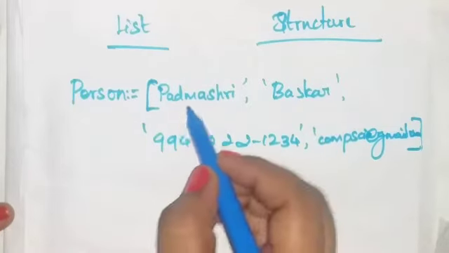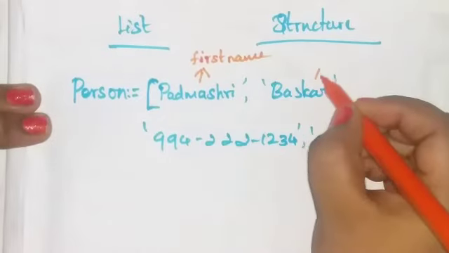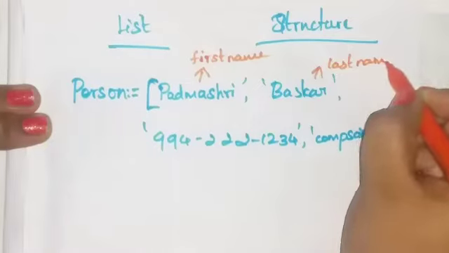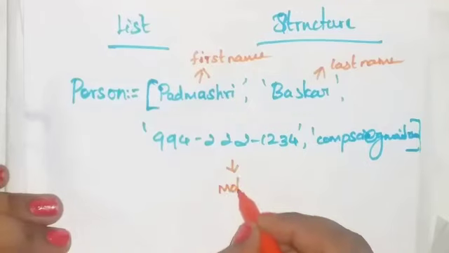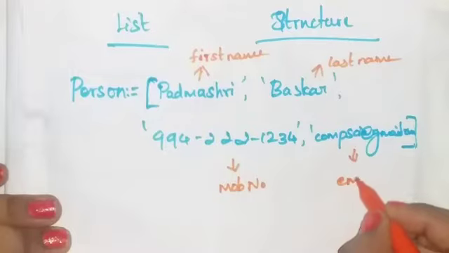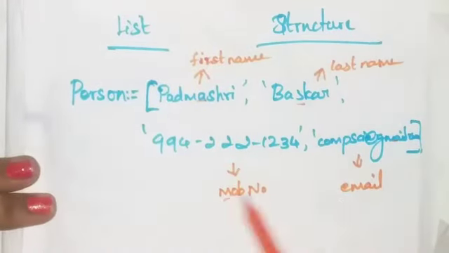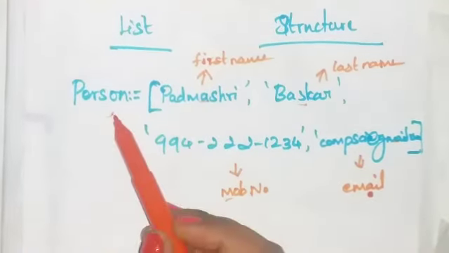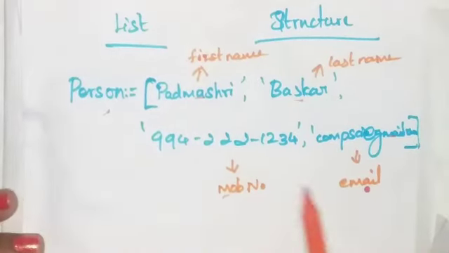This name binds with the variable first name, and this is stored in the variable last name. This mobile number is stored in the variable mobile number and this mail ID is stored in the email variable. So these are the values, these are the variables. These elements are stored in a list. What is the name of the list? Person. So this is list.